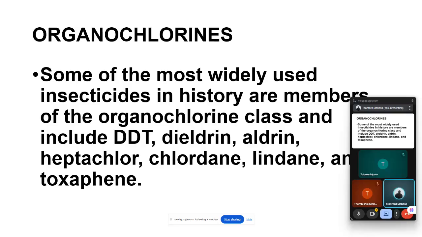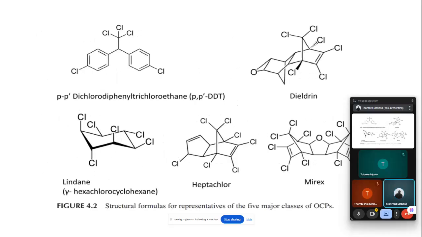You also have other old insecticides like dieldrin, aldrin, heptachlor, lindane, and toxaphene. These tend to stay in the environment for a long time. Well, these are some of the structures of the organochlorines.